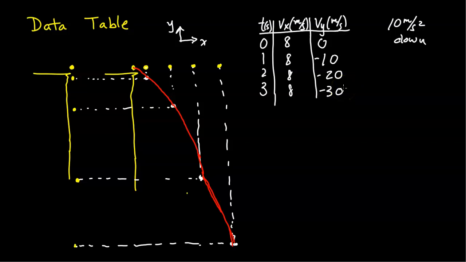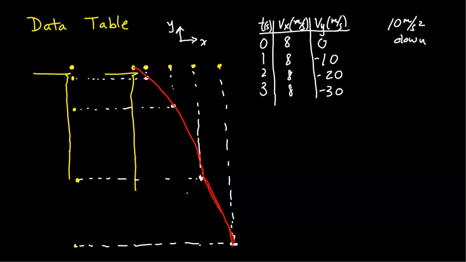And so this not only is true for the ball falling straight down, it's also true for the ball if you throw it to the right. The vertical motion is going to be the same.